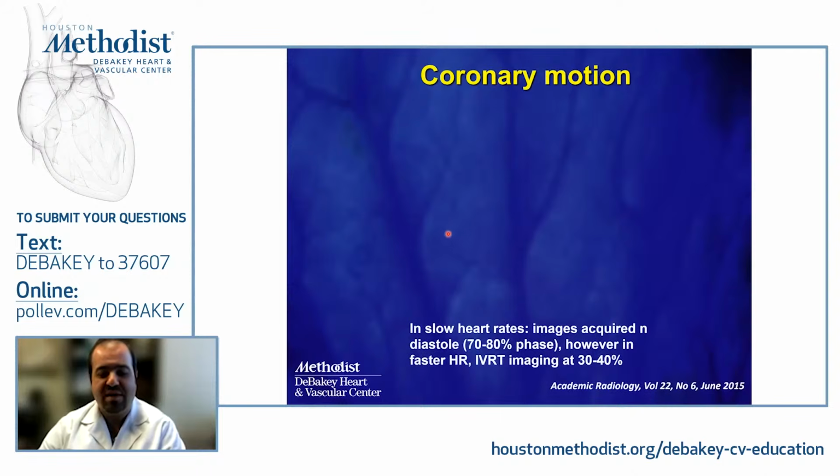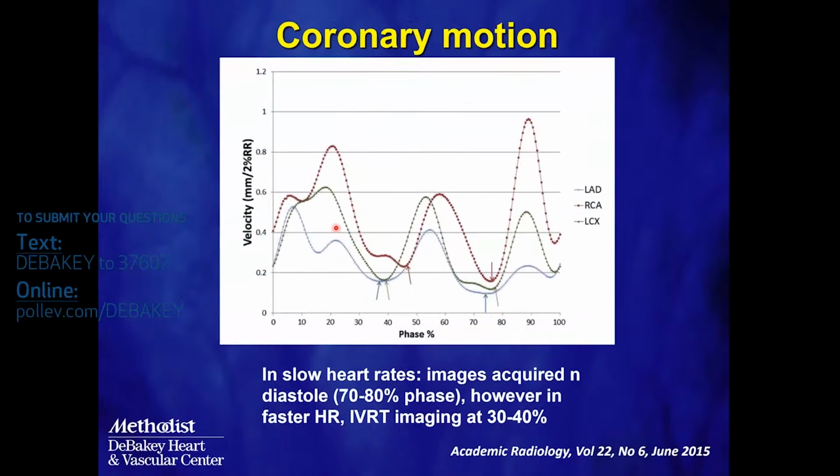We do know that the coronary arteries have different velocities through the cardiac cycle. As you appreciate, the right coronary artery has the fastest motion among all the coronary arteries. That's why, typically, in people who have slow heart rates, we try to image during the diastasis, which is the 70 to 80% cardiac phase, where the coronary arteries have the least motion.